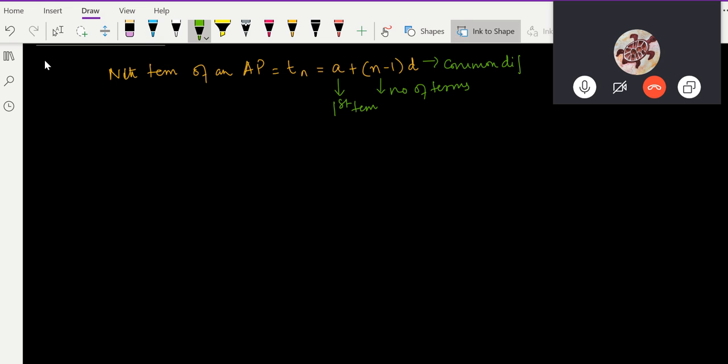That means that the number that I'm adding to each term. So this is how we can define the nth term.